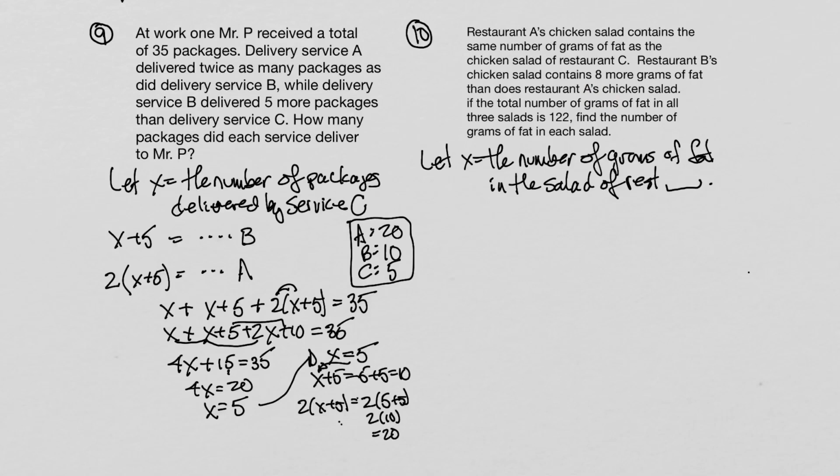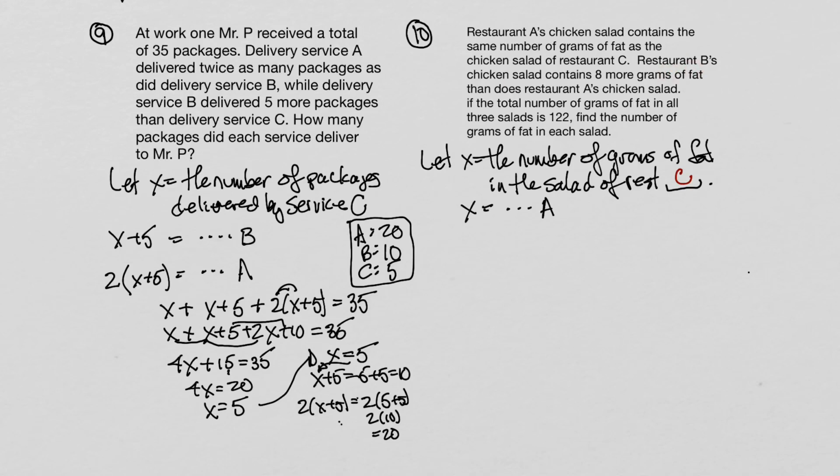So what we're going to do is let X equal the number of grams of fat in C, and then from this first sentence here, it says restaurant A contains the same number of fat as C. So whatever C is, X, that's the same as A. So this is A, and that's going to be X also. And now what about for B?